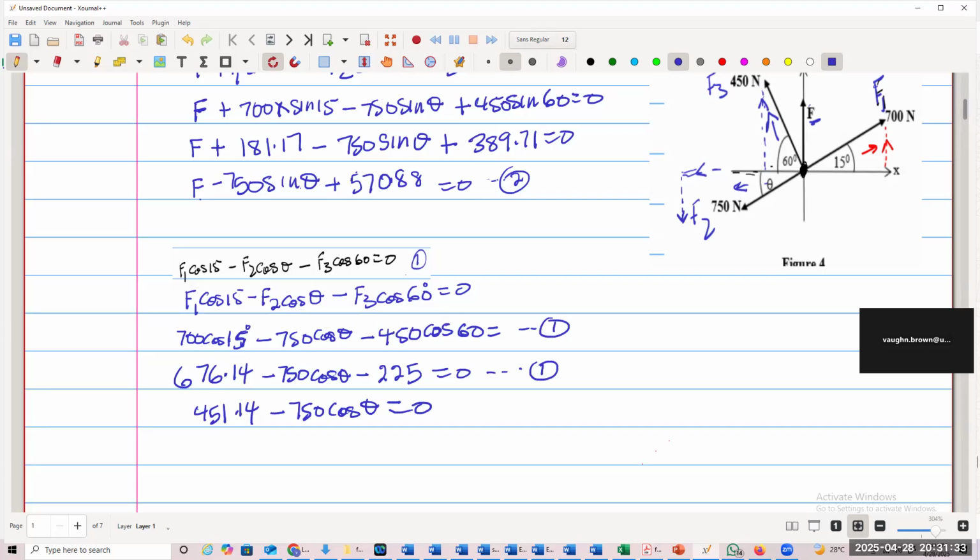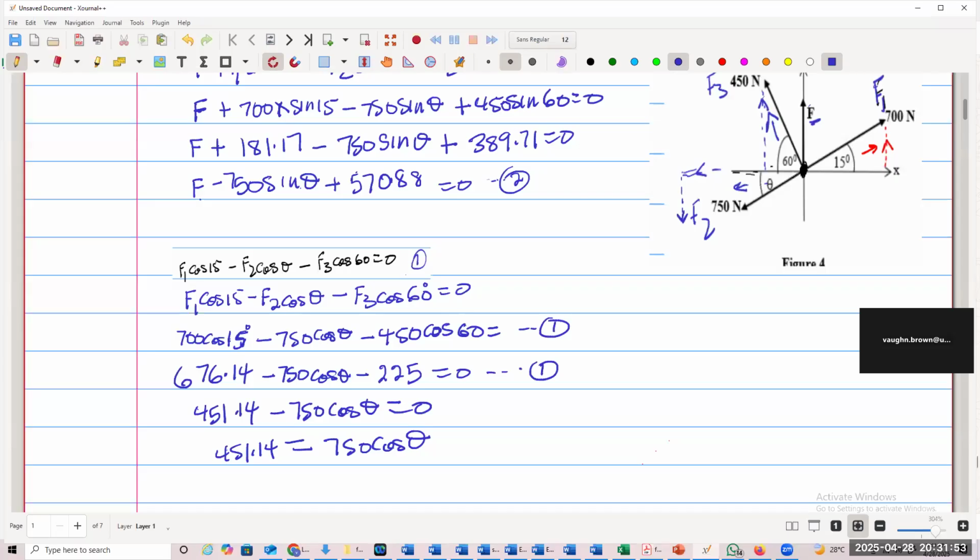All right, and so in this case, you can go ahead now and make cos theta the subject. So you're going to transpose cos theta, and in doing so, you're going to get 451.14 equals 750 cos theta.